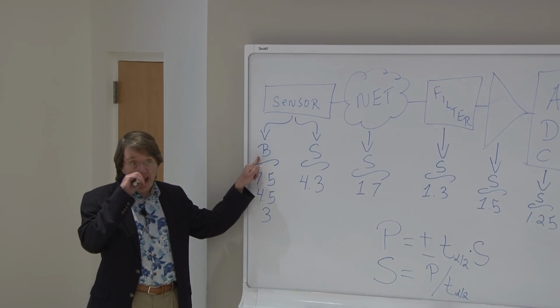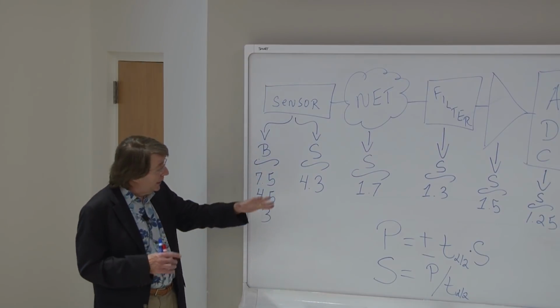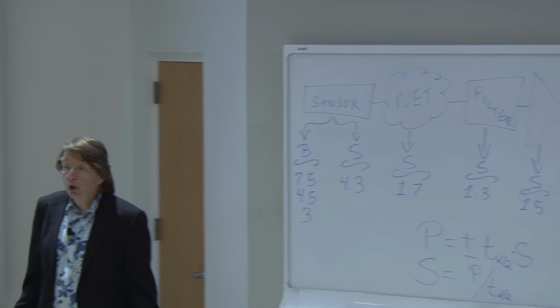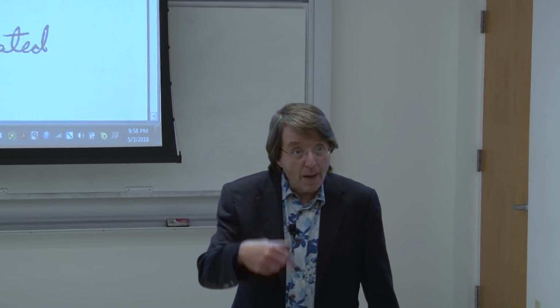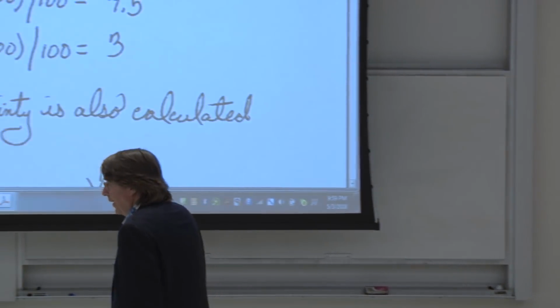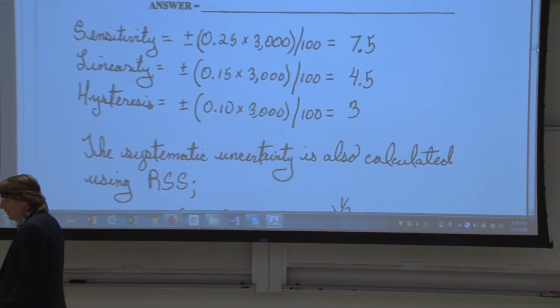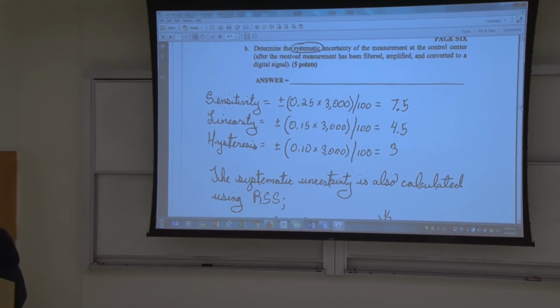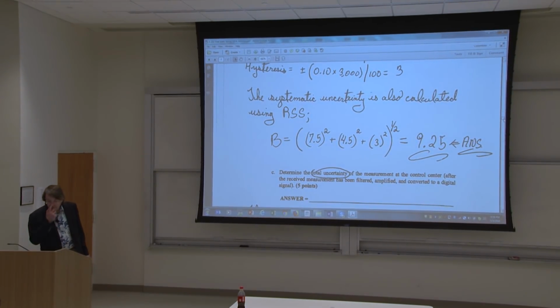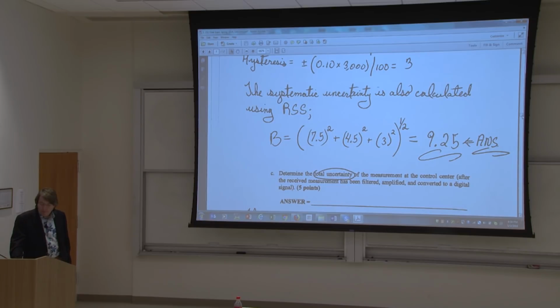The B is for bias. So I look here, there's only these three numbers. So what's the total bias or systematic error? We add them up. How do we add in Chapter 7? RSS. So we add using RSS. And now we get the value of the bias error.